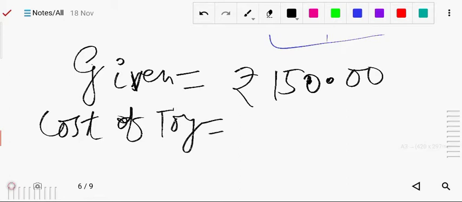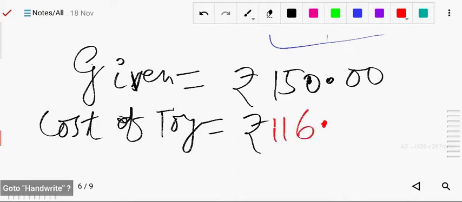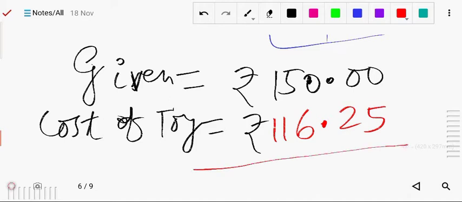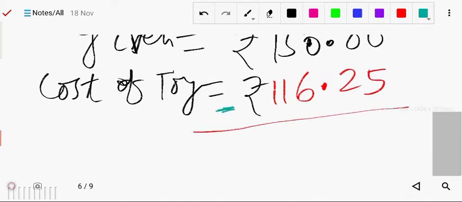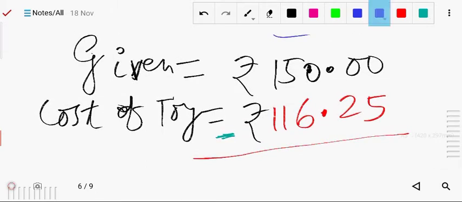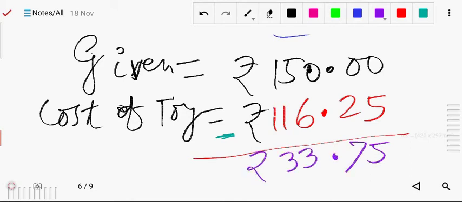So the cost of the toy will be rupees 116.25. That was our bill, means the cost of the toy. Now we will subtract, so that will be the returned amount. So here will be 5, here will be 7, here will be point, here will be 3, and it will be 3 rupees.